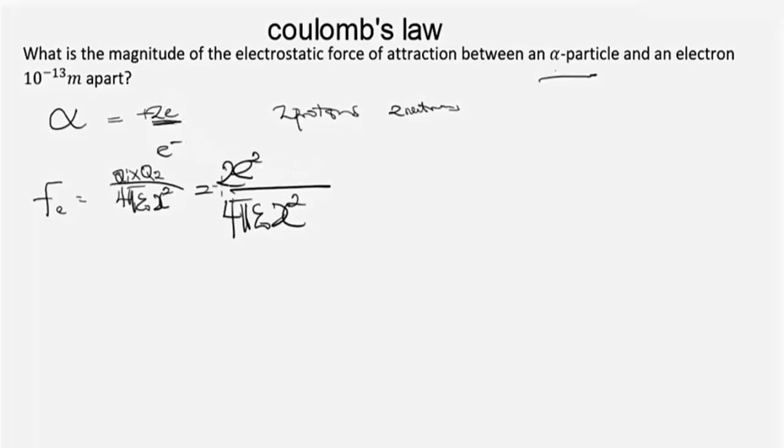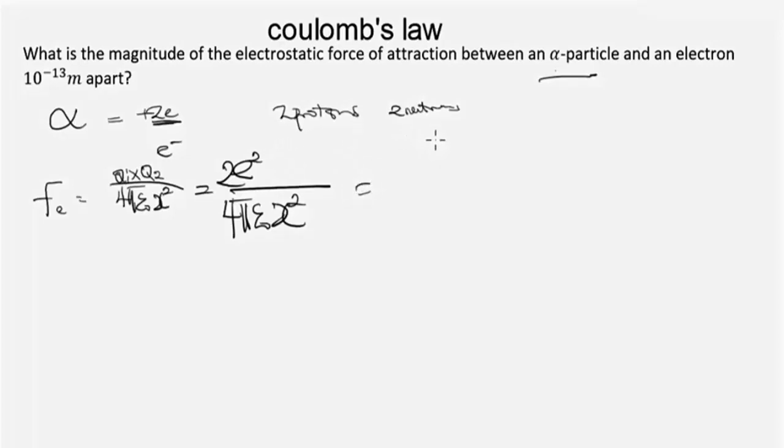Now the reason we have 2e squared is that Q1, which is 2e, times Q2, which is e, will give us 2e squared.